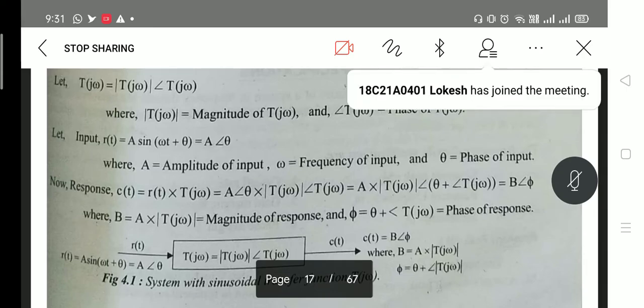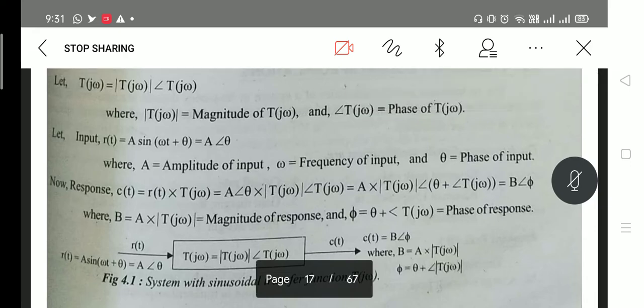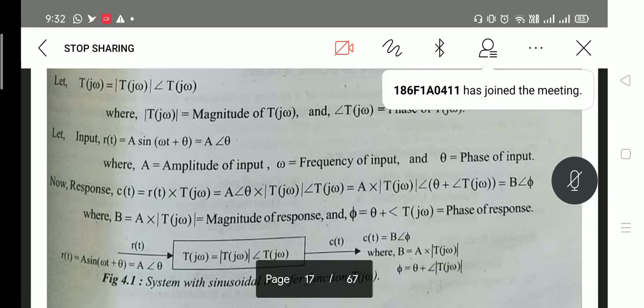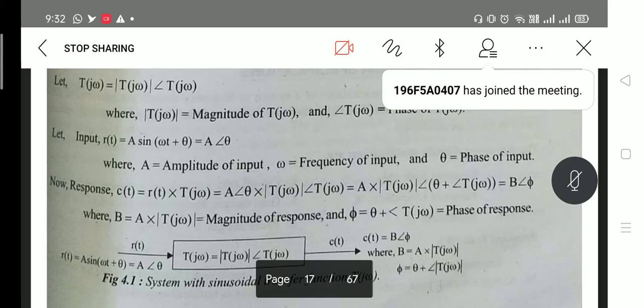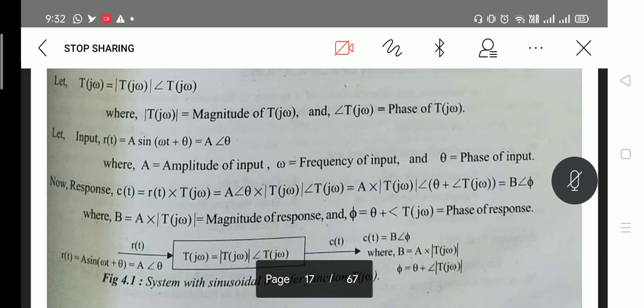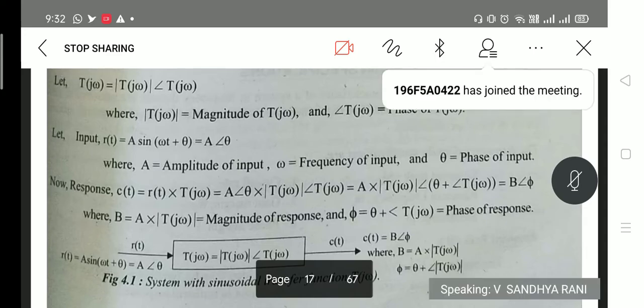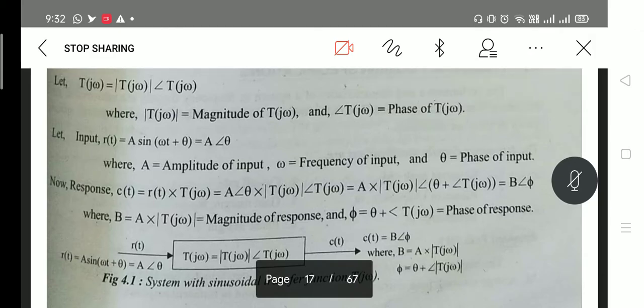One is Bode plot, second one is polar plot, and third one is Nyquist plot. These three are measured in a graph sheet only. Bode plot will be in a semi-log graph sheet, remaining will be normal graph sheet. From this we can measure the magnitude and phase of the system and gain of the system also.